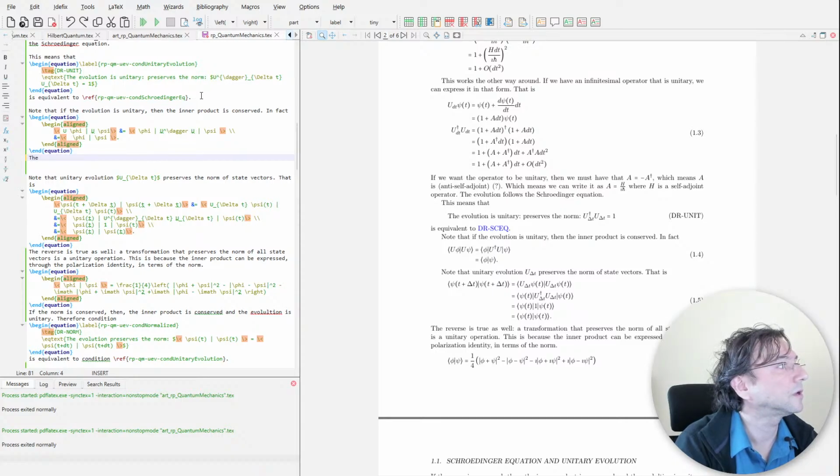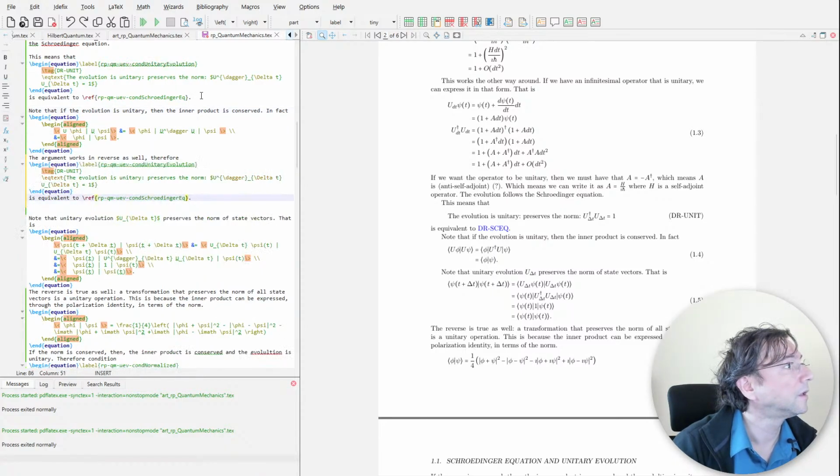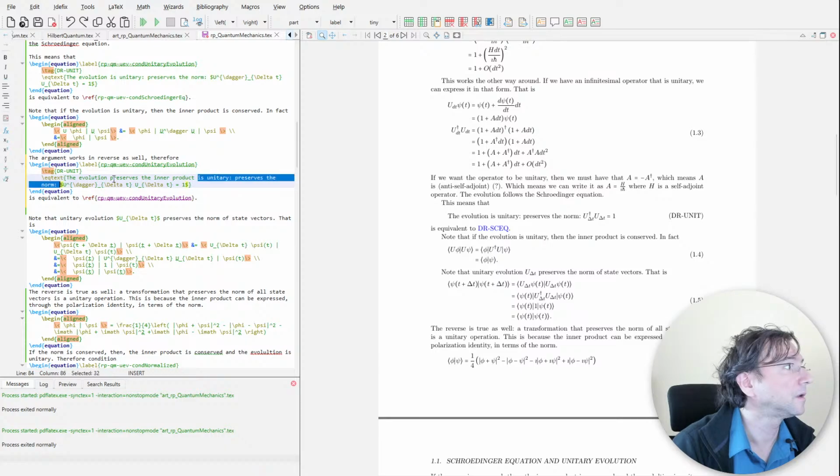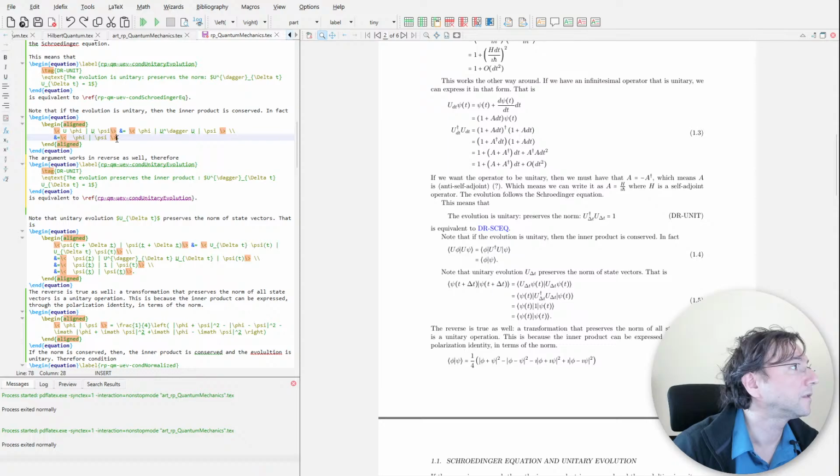Condition, the argument works in reverse as well, therefore the evolution preserves the inner product, and then this means this thing.